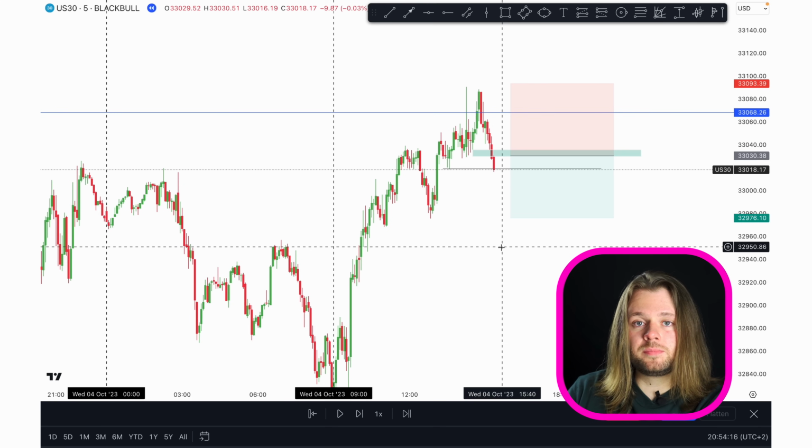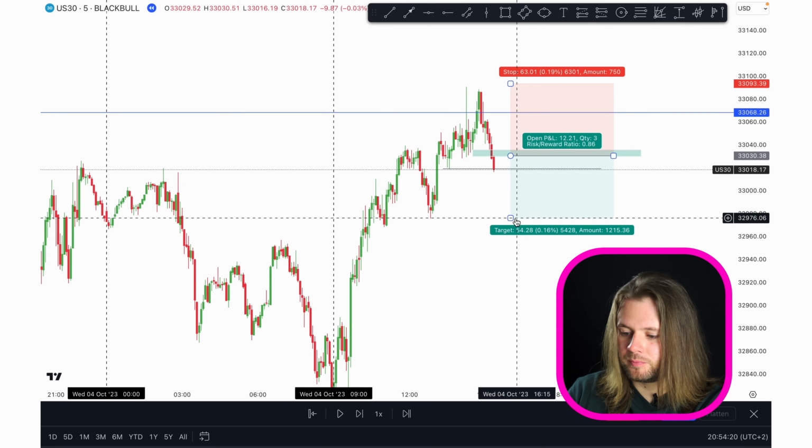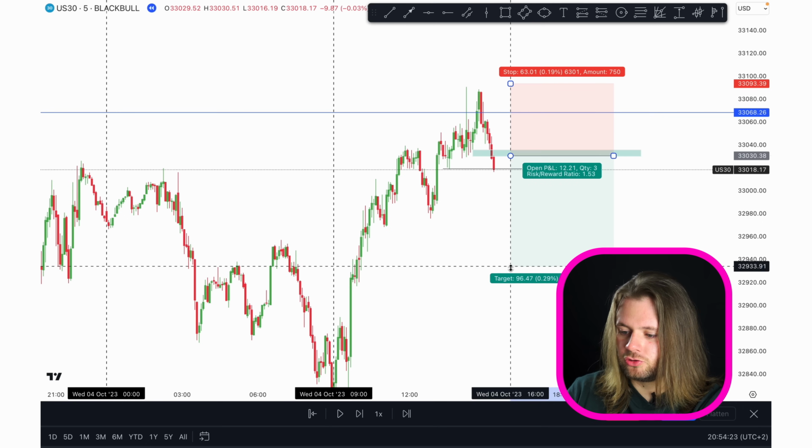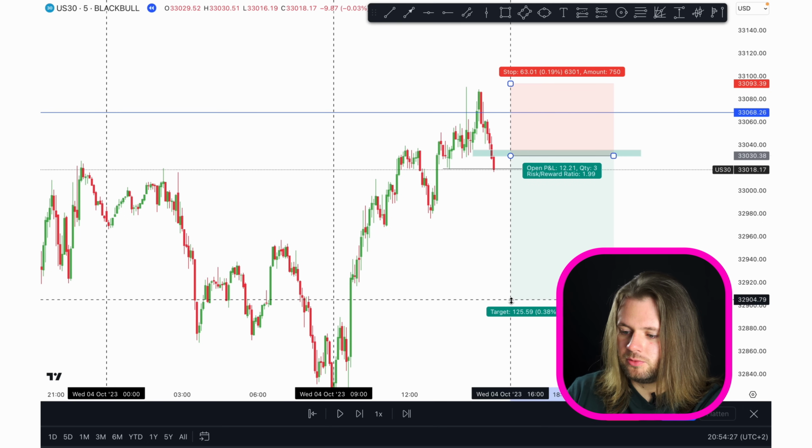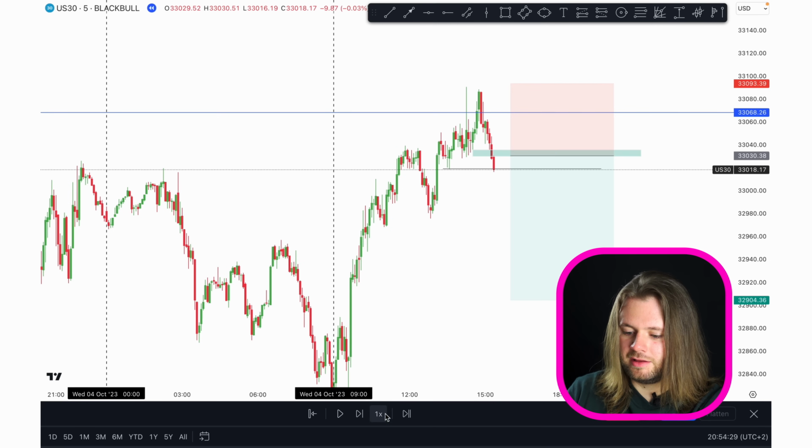We will always be targeting a 1 to 2 risk reward ratio. So placing our short position tool at a 1 to 2, which is right there. Let's see what happens with this trade.